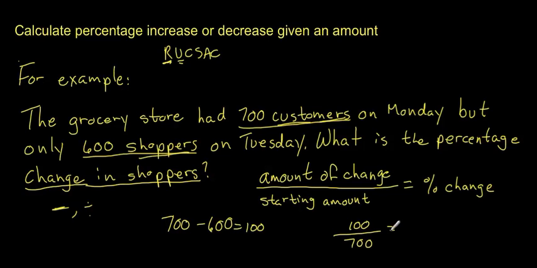Now we work this out just like we would work out an improper fraction, or when we're converting a fraction to a decimal. We're just taking this number and dividing it into this number. So that means 700 into 100.